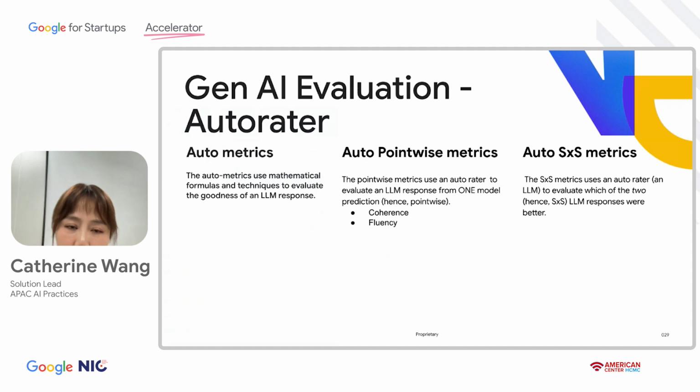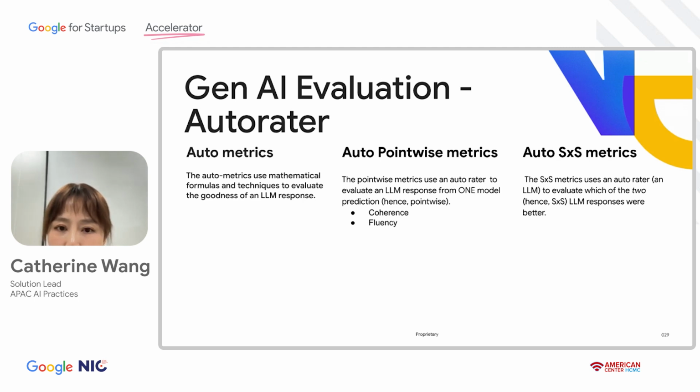So the second type of evaluation is the auto rater. So the first is auto metrics. The auto metrics is using mathematical formulation and techniques to evaluate the goodness of the large language model responses. So this is just using one metric. And the second one is using auto point-wise metrics.